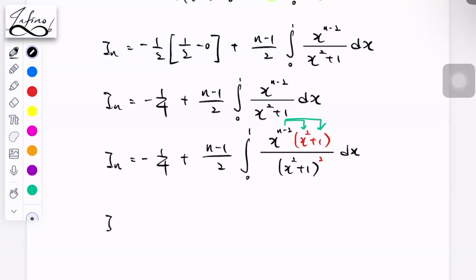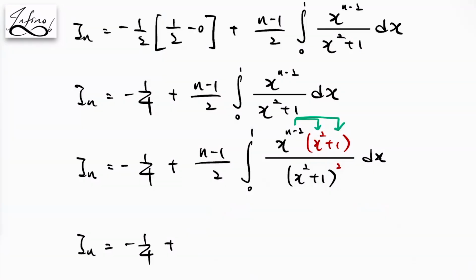And then the next step is just simple distribution. Then I will have I_n equals negative 1 over 4 plus the (n minus 1)/2, and an integration from 0 to 1.